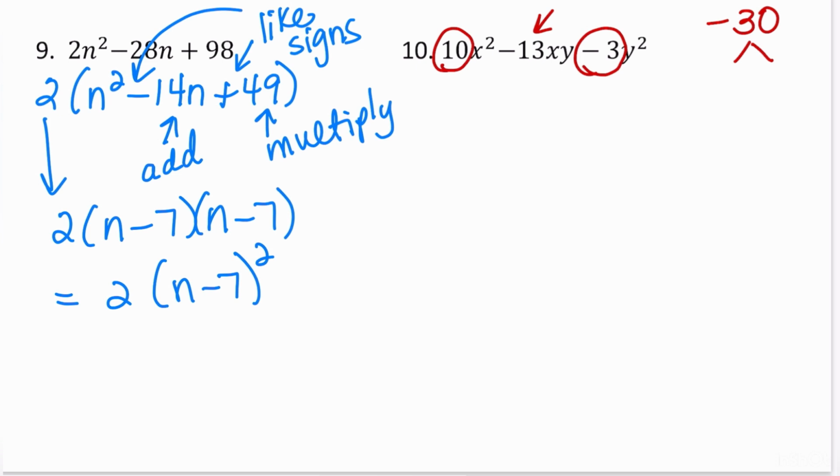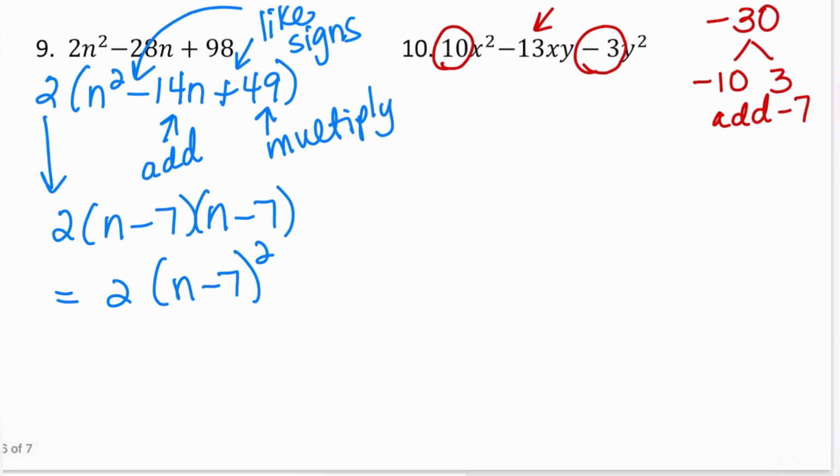Be very careful because you might be thinking negative 10 and 3. But negative 10 times positive 3, yes, is going to give me negative 30, but that's going to add to give me negative 7. And that's not what I want. I want it to add to negative 13, so be very careful.